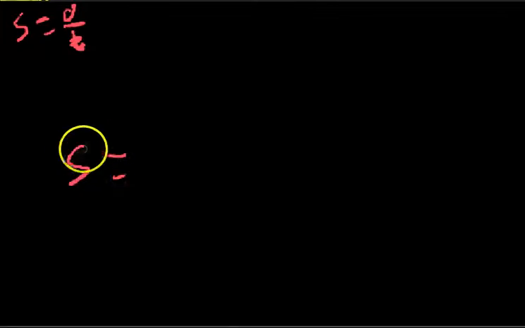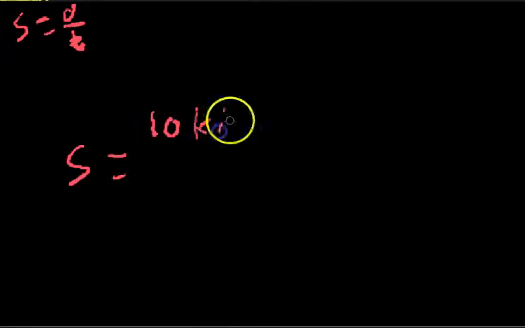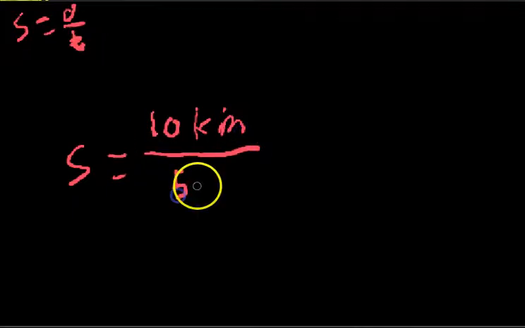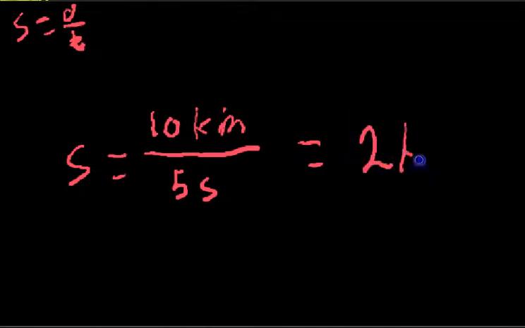So speed is the variable, it's s, but we do have the distance, which is 10 kilometers, and we have the time, 5 seconds, okay? Now just by basic math, we know that the speed is 2 kilometers per second. The kilometers and the seconds you can't cancel out, so they become kilometers per second.